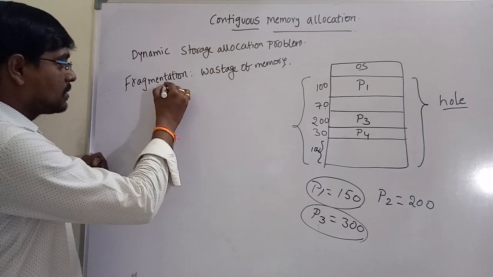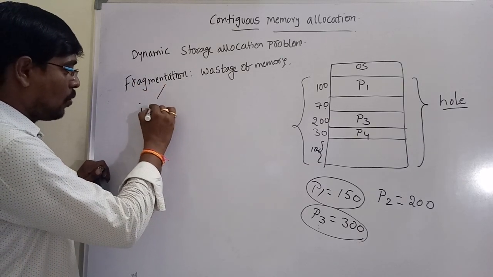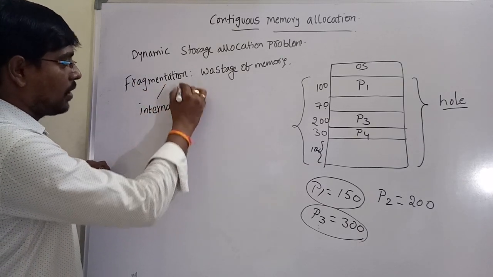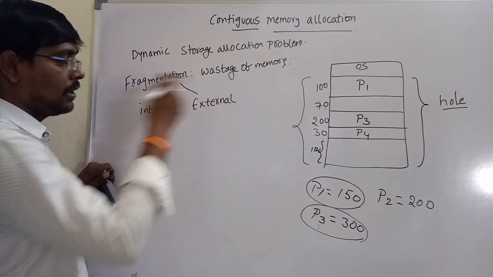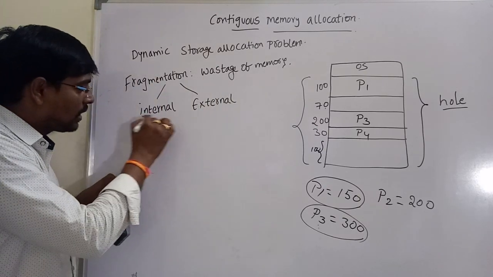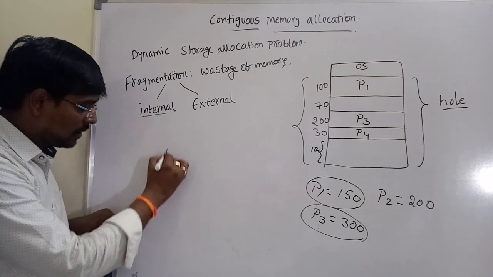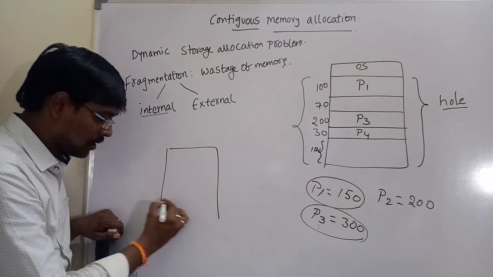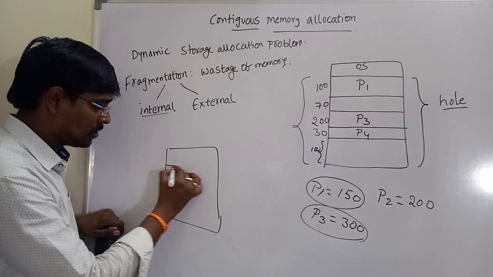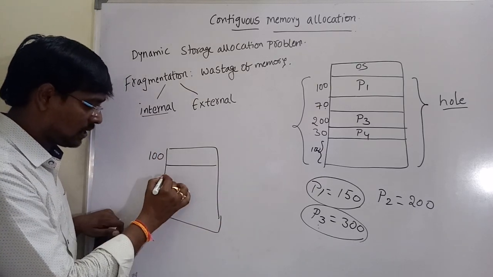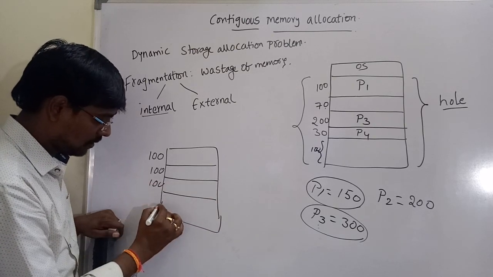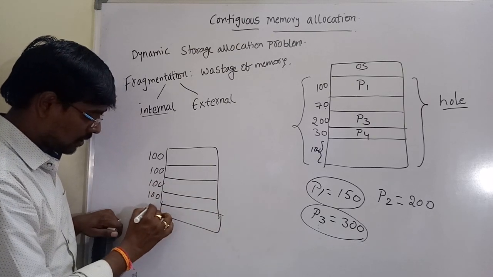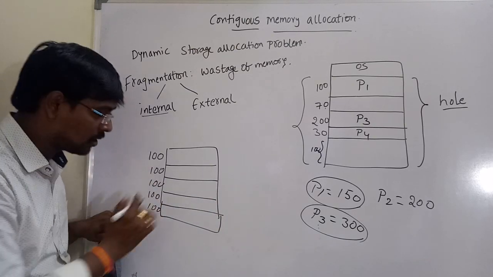We have two types of fragmentation. One is internal fragmentation. The second one is external fragmentation. Internal fragmentation is this one. Suppose the size is 100, divided into fixed sized partitions.